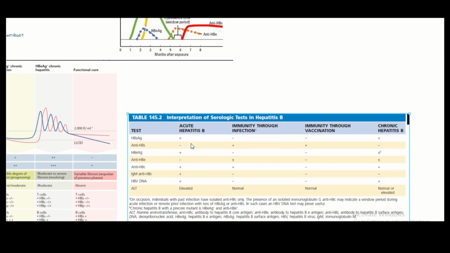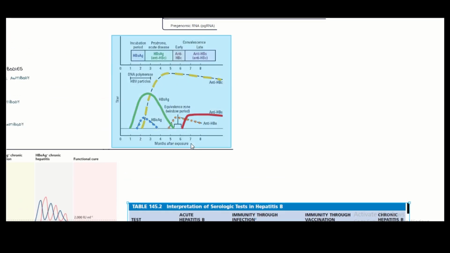And to understand this table, we need to understand what happens within stages of cured infection. When the person has the infection, which is at the exposure of 0 months, we can have a 4 weeks almost incubation period where the virus will start slowly replicating, and during this time we can start to detect HBs antigen and a little bit later HBe antigen.